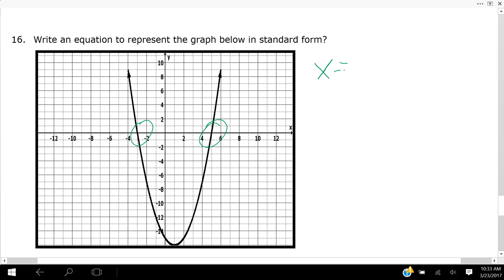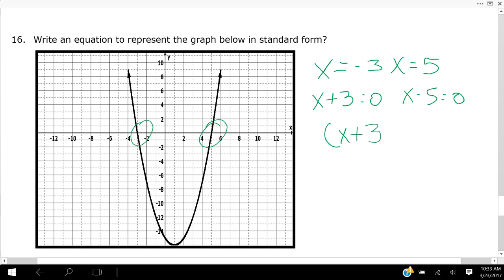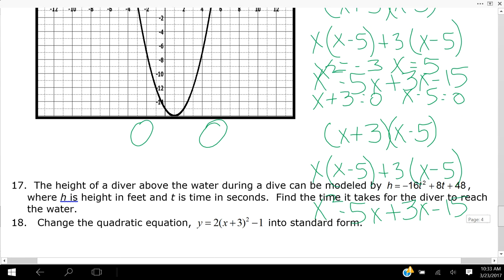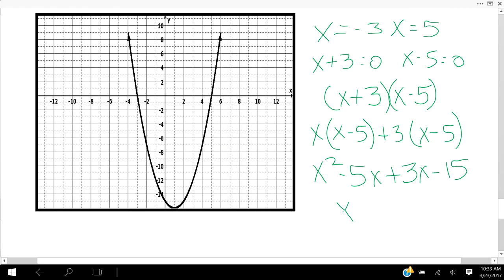Okay, so I have x equals -3, x equals 5, x plus 3 equals 0, x minus 5 equals 0, x plus 3 times x minus 5, x times x minus 5 plus 3 times x minus 5, x squared minus 5x plus 3x minus 15. Wow, we did this before. There we go. X squared minus 2x minus 15, y equals.